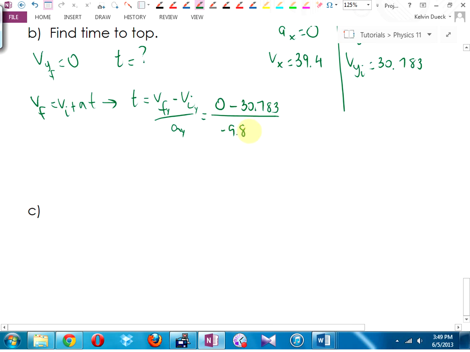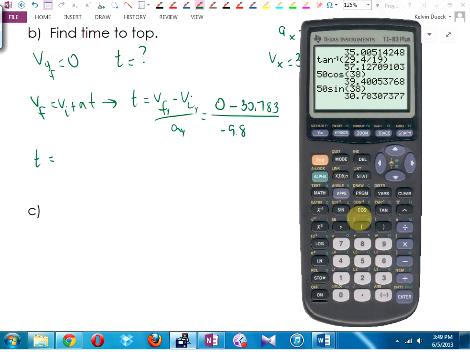Yeah. What'd you get? 3.14. I made up a question where the answer is pi? Are you serious? Wow. That is too cool. I've got to see how close I am. I was going to use your answer, but 0 minus answer divided by negative 9.8. It is 3.141. I even got the fourth digit, the fourth sig fig. Oh, man. So 3.14.